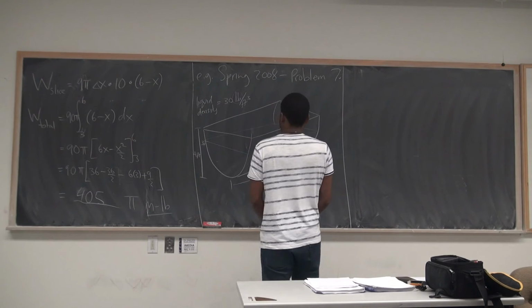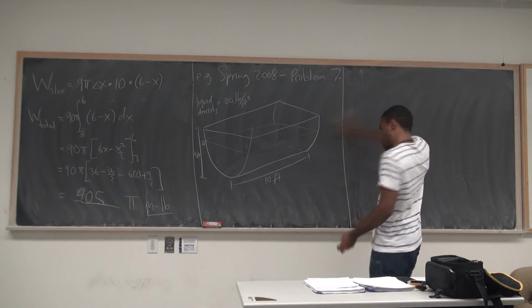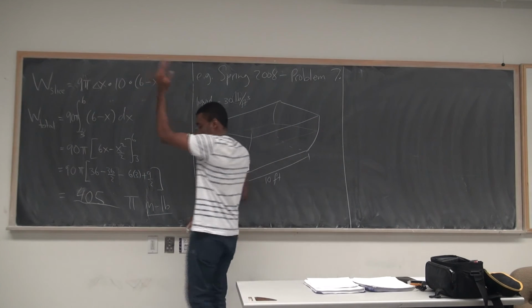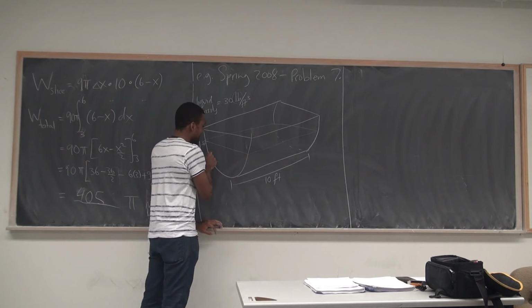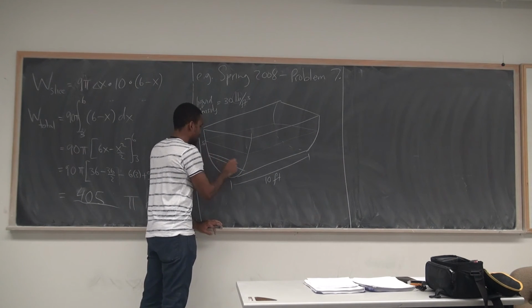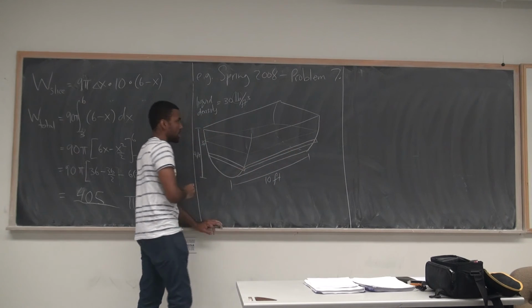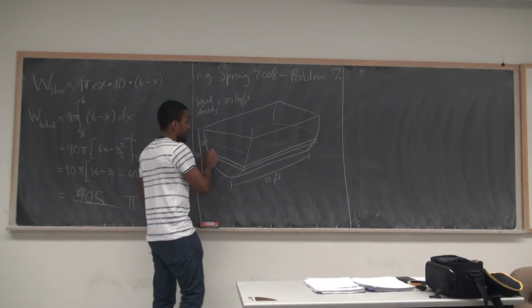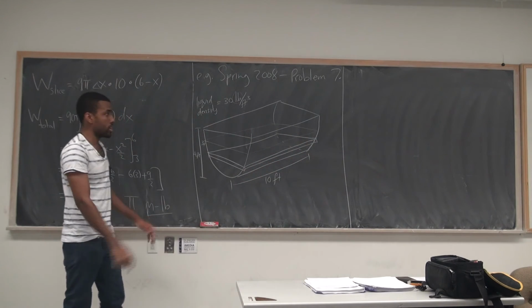Okay, so ideas, how do we do this? Slice! Again we compute a slice. It's not a cylinder. What kind of slice would it look like? A rectangle. It's rectangular, exactly.